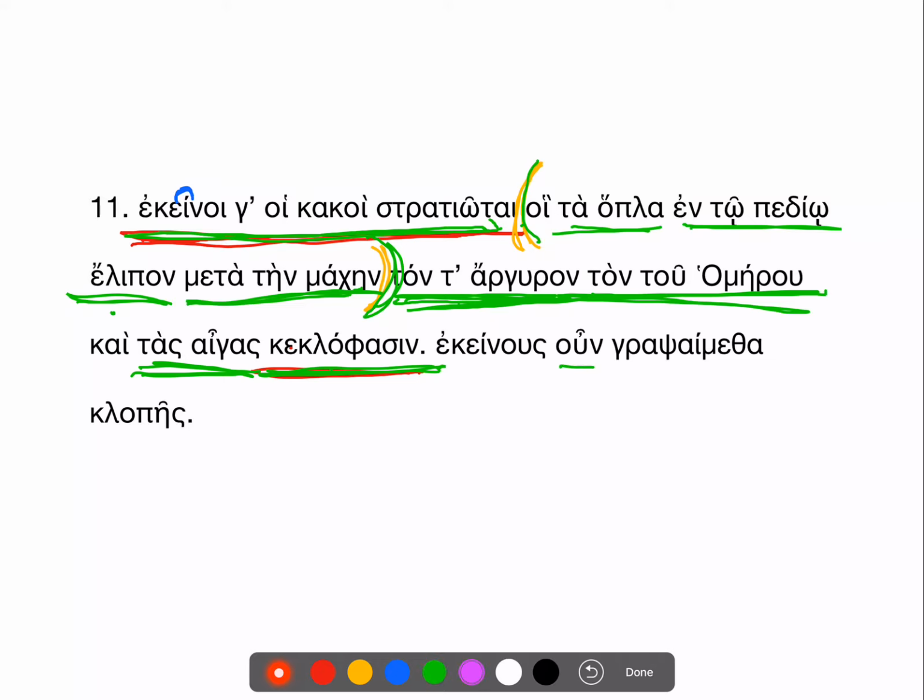Therefore, okay, now graPsometha, that's aorist optative middle. And if you think about grapho, right, one of the things that the middle of grapho can mean is indict, and it's going to have an accusative direct object.